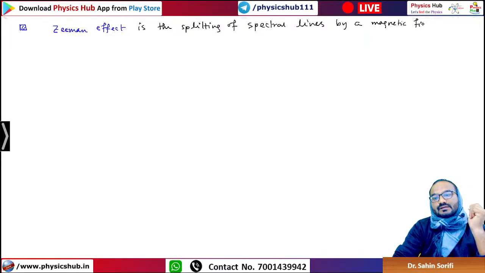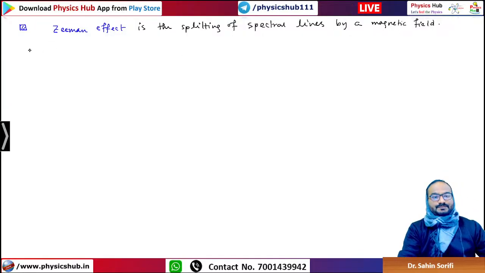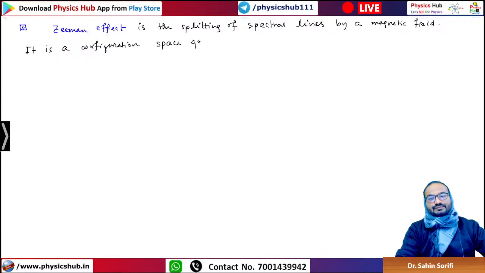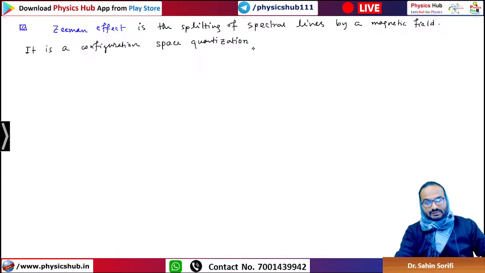This is a very simple definition of the Zeeman effect. When it is done by an electric field, that is called the Stark effect. It is a consequence of space quantization. Because of space quantization, we see this Zeeman effect. We have already understood, while understanding the vector model, what space quantization is.